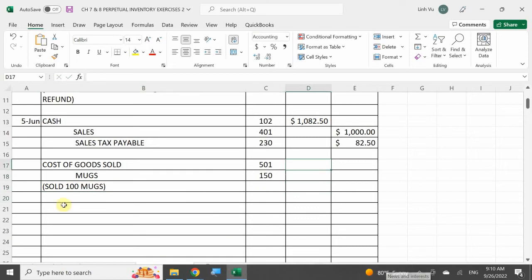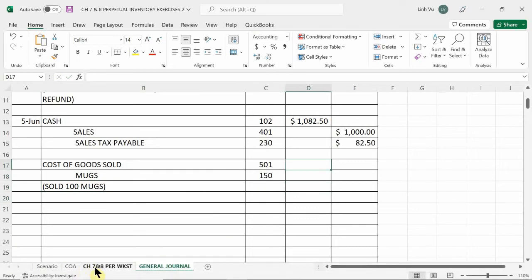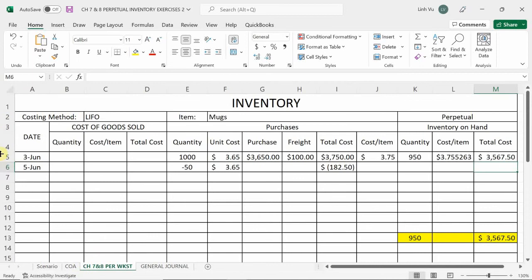Okay. So let's go. We need to figure out how much it's going to cost me. So I need to go to my inventory worksheet. Today is June 5th. We got 100 mugs sold. What's my current cost per item right now? I only have one batch of inventory. Would it be $3.65?